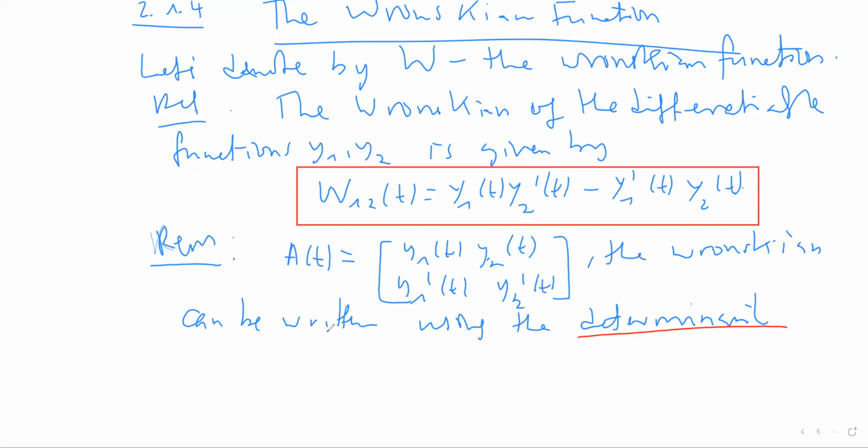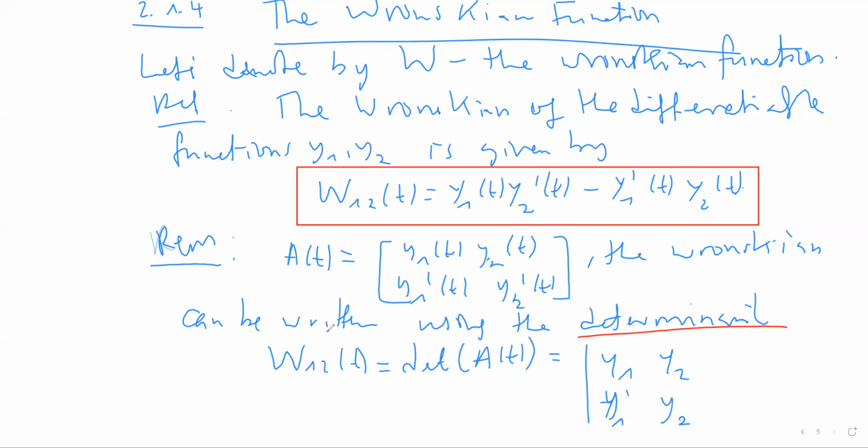So W12 of t is nothing but the determinant of A of t, which is sometimes written as y1, y2, y1 prime, y2 prime.